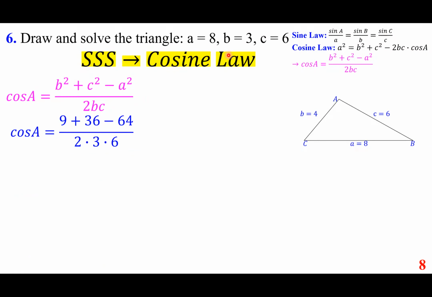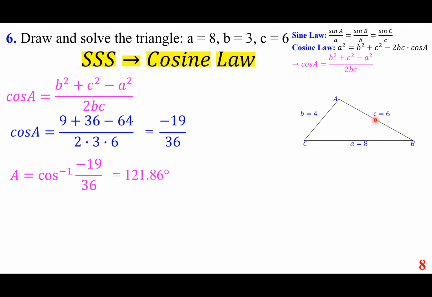So b squared 9, c squared 36 minus a squared 64 over 2bc, and we end up with negative 19 over 36. So what is a cosine inverse of this number? And it ends up being 121.86 degrees.